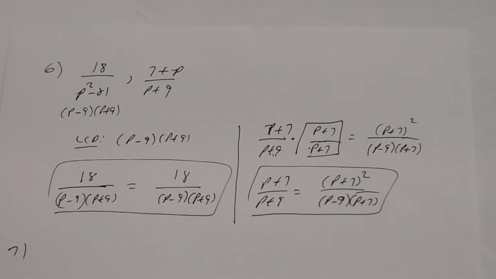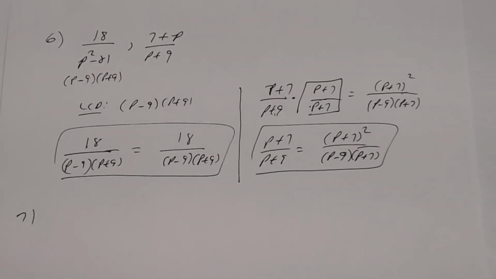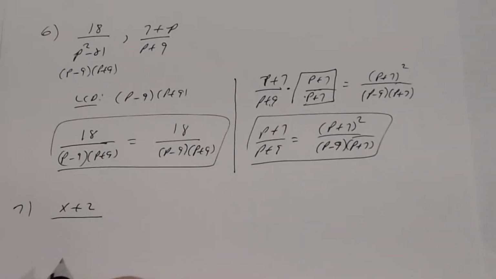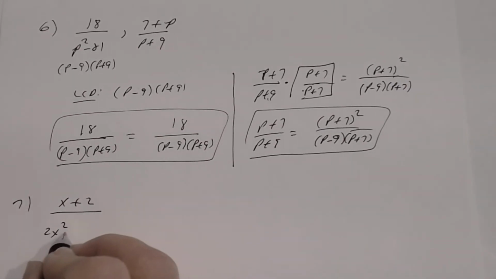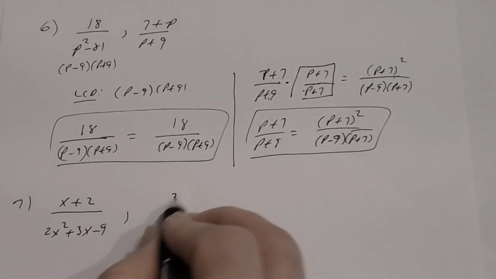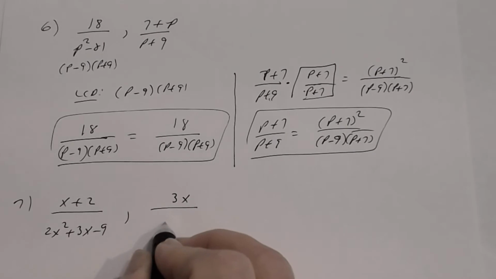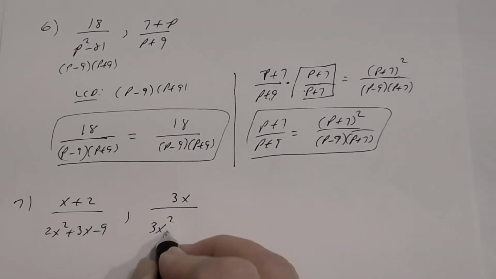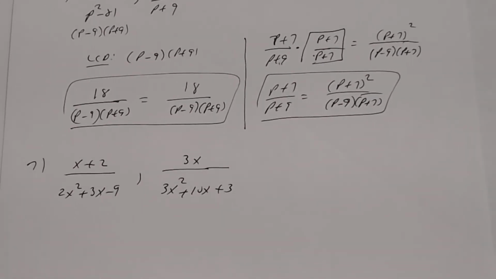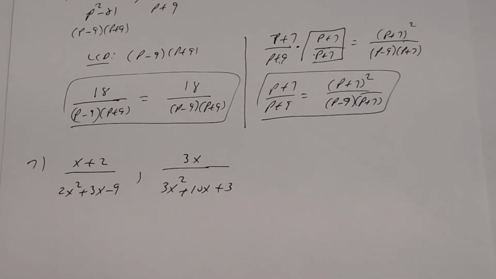Okay, number 7. Let's suppose we had this for number 7. We have x plus 2 divided by 2x squared plus 3x minus 9. And the other one is 3x divided by 3x squared plus 10x plus 3. All right, so notice I have to factor these denominators. So I've got to find the LCD.